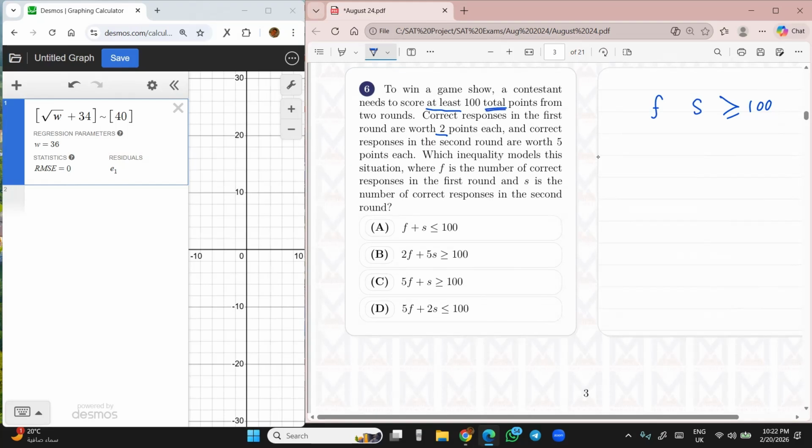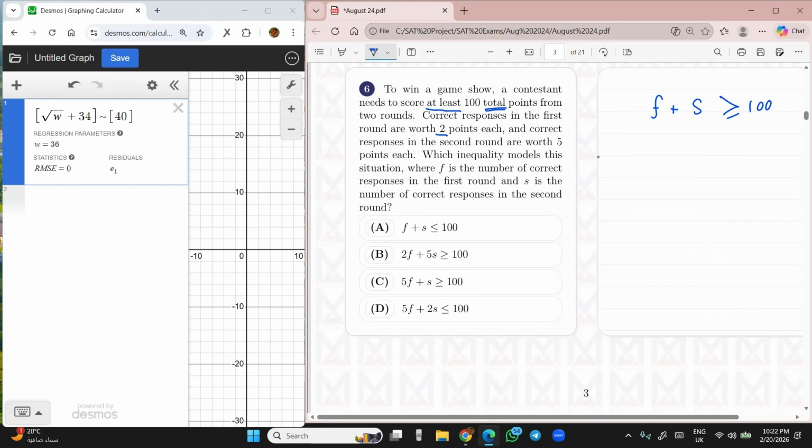And this is a total, which means we have to write a plus sign here, but we need to multiply F and S by numbers, because S and F are not the same unit as 100. 100 here is the total points, while F and S are not that. F is the number of correct responses, not the points. So we need to multiply F by something and S by something else.